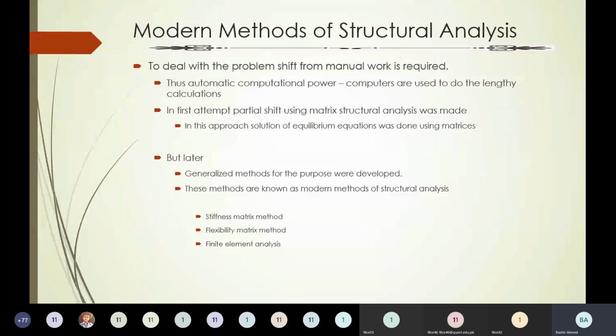So automatic computational power, computers, are used to do the lengthy calculations. In the first attempt, a partial shift from manual methods to matrix structural analysis was made.